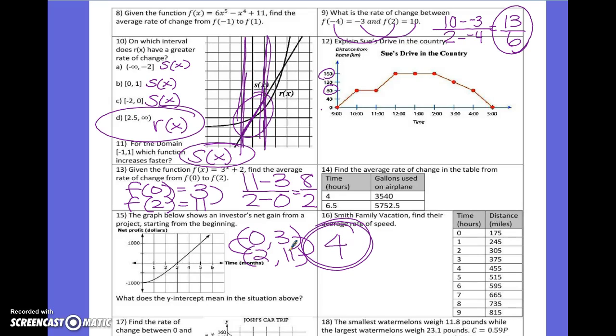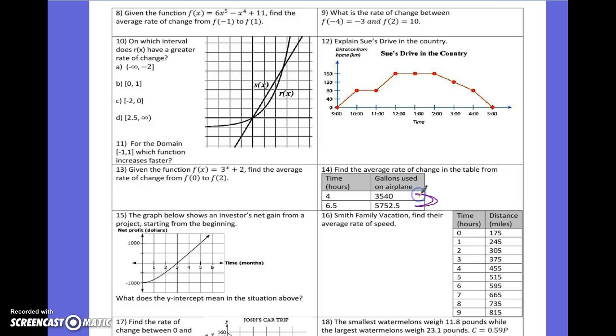That's our answer. Number 14, we're doing the same thing. We're finding the average rate of change in the numbers given here. Here we got our y numbers, so if I subtract those, I get 2,212.5, and over here I got 2.5. And I want rise over run, so it's going to be 2,212.5 divided by 2.5.